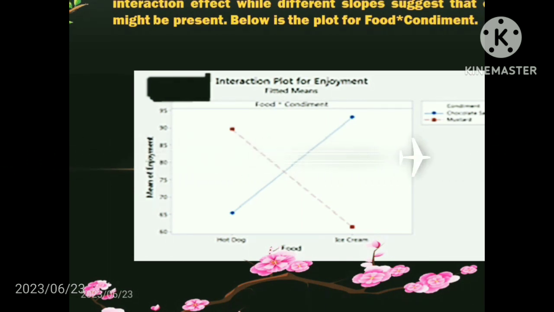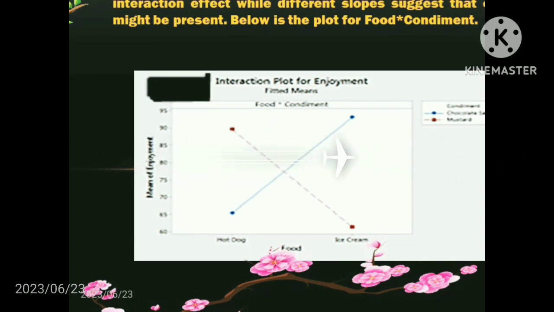The blue represents chocolate sauce, and the red represents mustard. So the crossed lines on the graph suggest that there is an interaction effect.